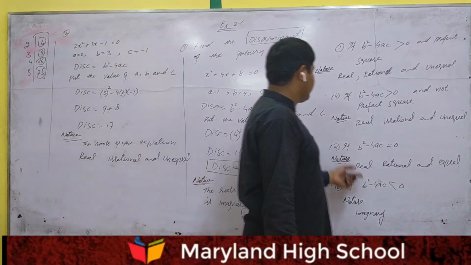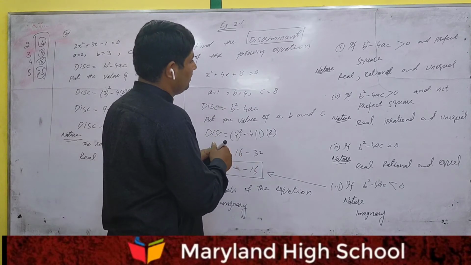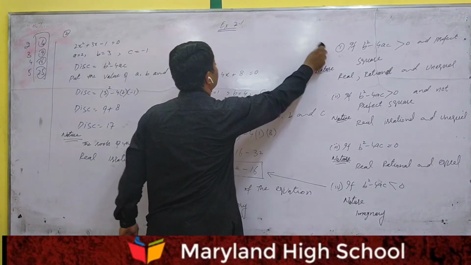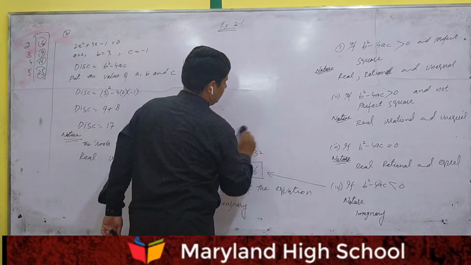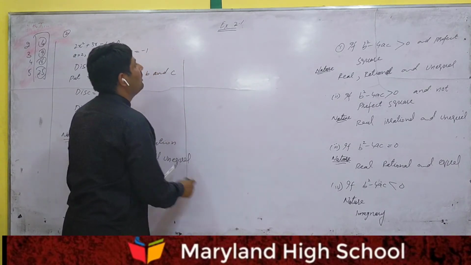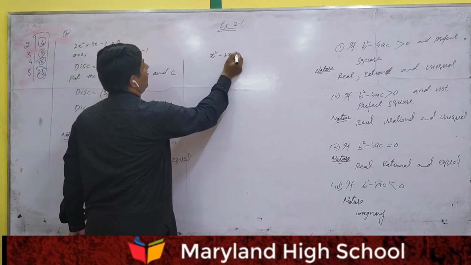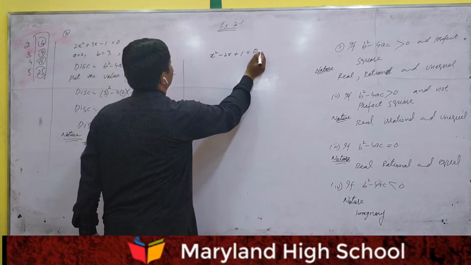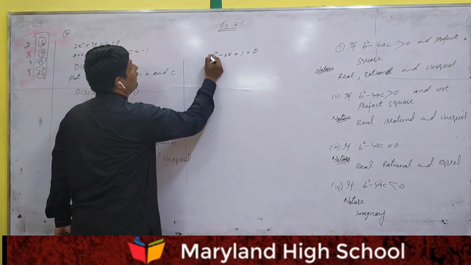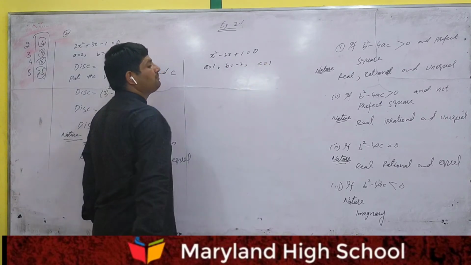Now we solve another example for this equation. x square minus 2x plus 1 is equal to 0. The coefficients: a is equal to 1, b is equal to minus 2, c is equal to 1.